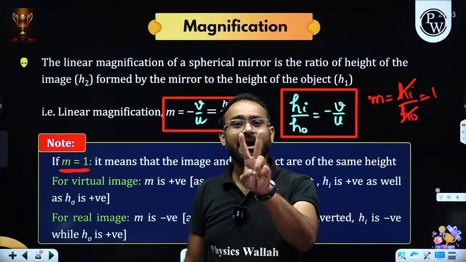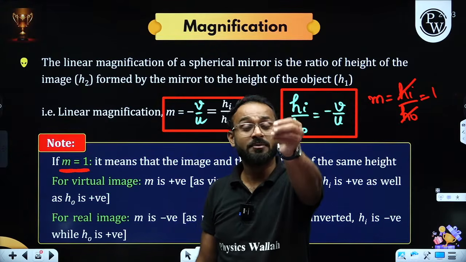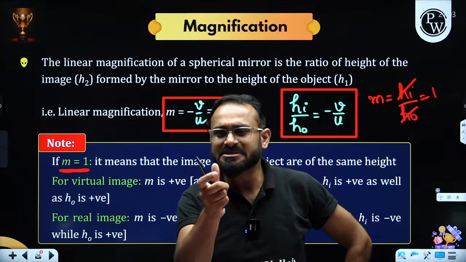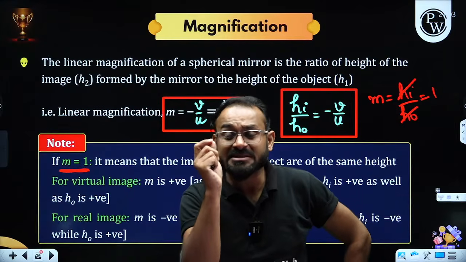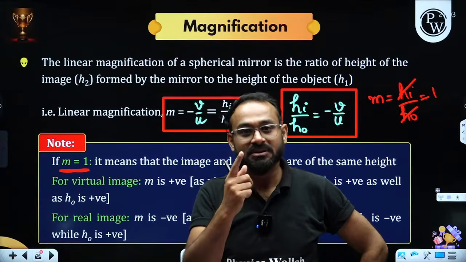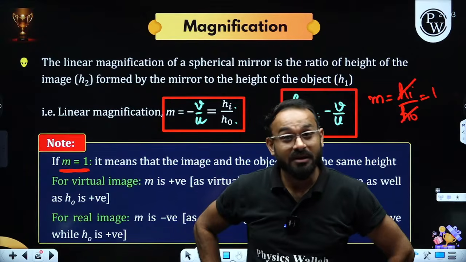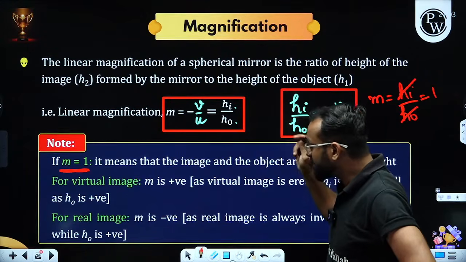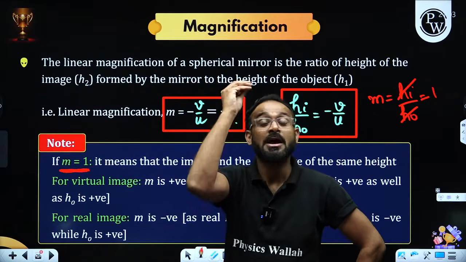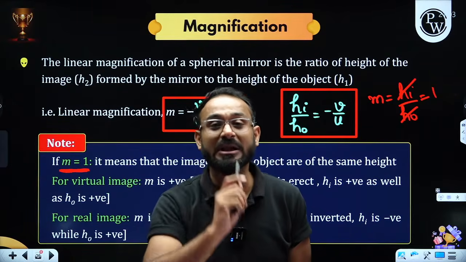The height of image and height of object are the same. And when you get the same sized image, sir, the object was kept at the center of curvature. Clear? Yes. Second, if there is a positive sign or no sign given, that is considered as a positive sign. That means the nature of the image is going to be virtual and direct.